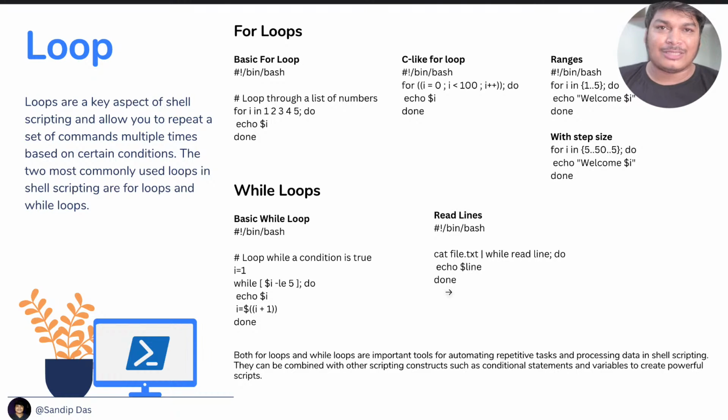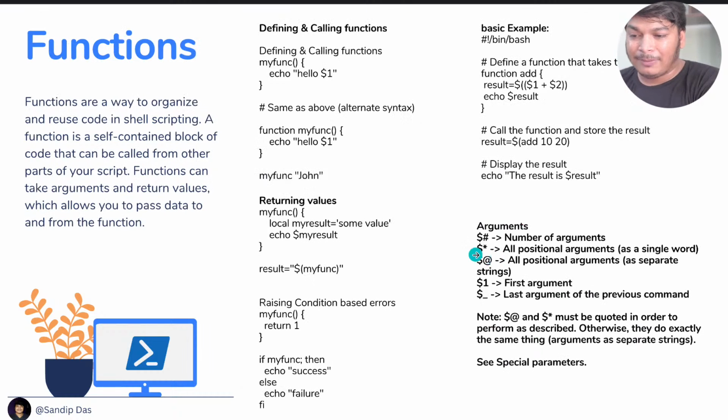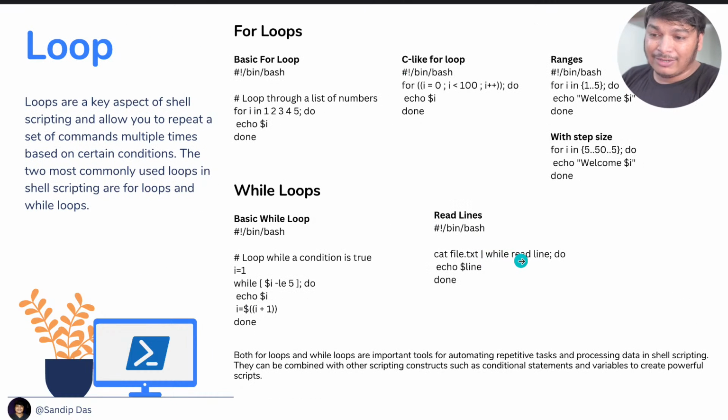You use the cat command to read a file, and whatever content it had, pass it on to the while. And what will the while do? It will keep reading, like while read line, keep reading and do echo $line. So it will print the line, and when the line becomes empty, there's nothing to print, it will be done. So you can do this kind of statement as well.